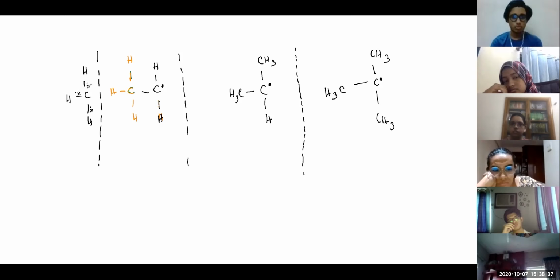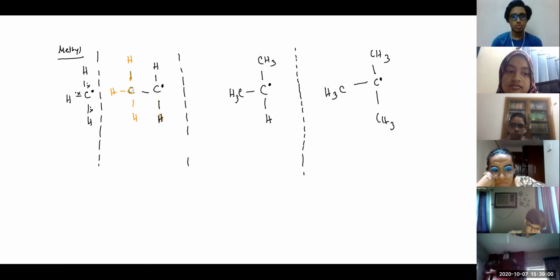So here in this methyl free radical, we have 3 pairs of electrons with an unpaired electron. So in total we have 7 electrons, right?